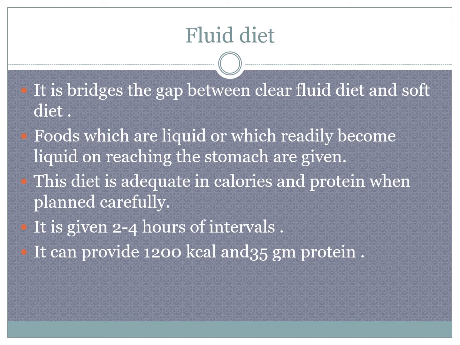It is given at 2 to 4 hour intervals, and it provides approximately 1200 calories and 35 grams of protein when it is planned on the concept of a balanced diet. Any diet we plan should be on the concept of the balanced diet.